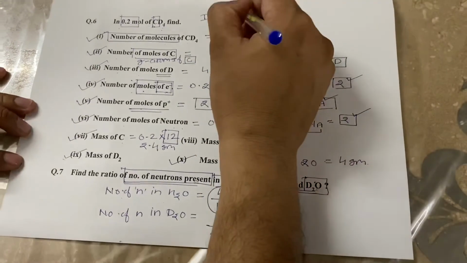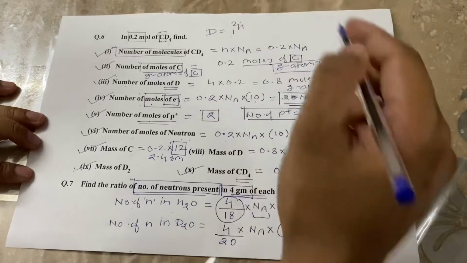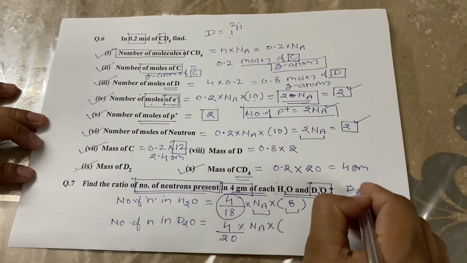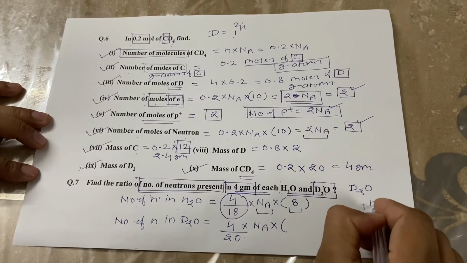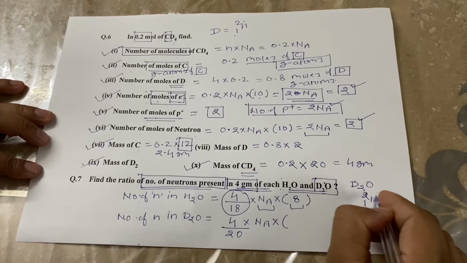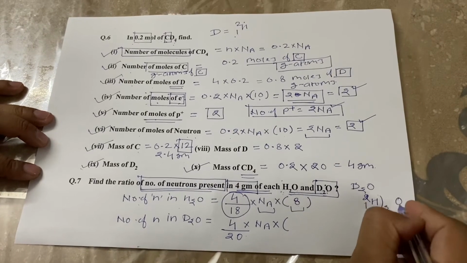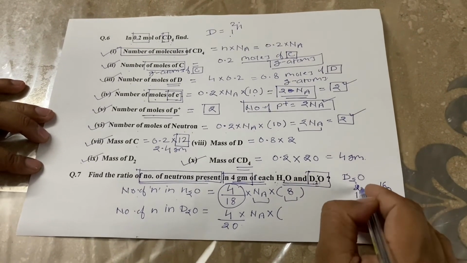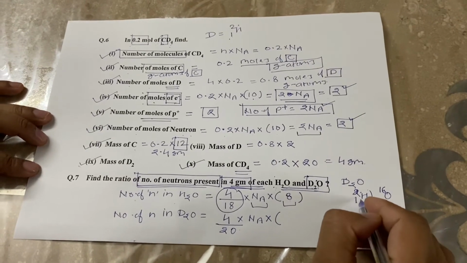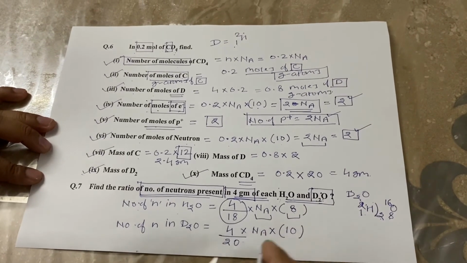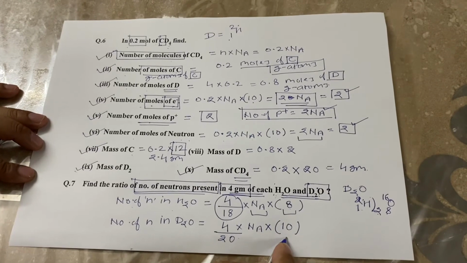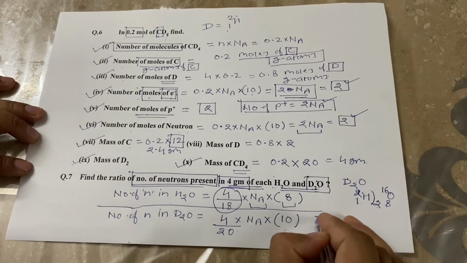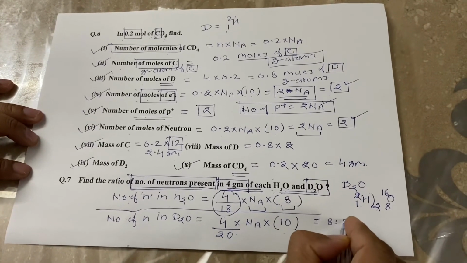Definitely deuterium is 1H2, so D2O we can write as (1H2) whole twice, O 8 16. So 16 minus 8 will be 8, and 2 minus 1 into 2 will be 2. So 2 plus 8 will be equal to 10. So the number of neutrons will be equal to 10. Now we divide this equation by this, and then you will get the ratio 8:9.